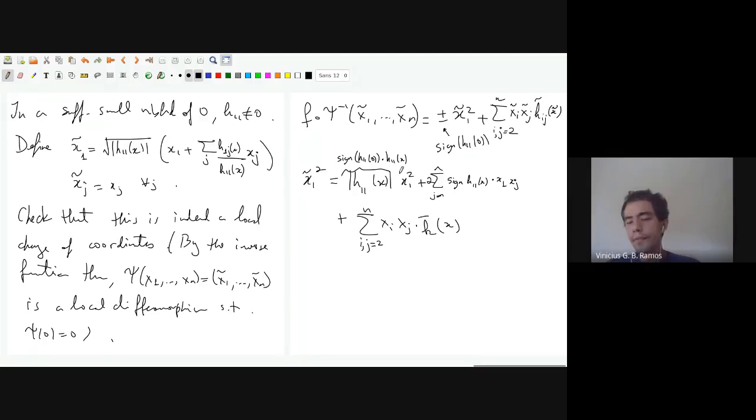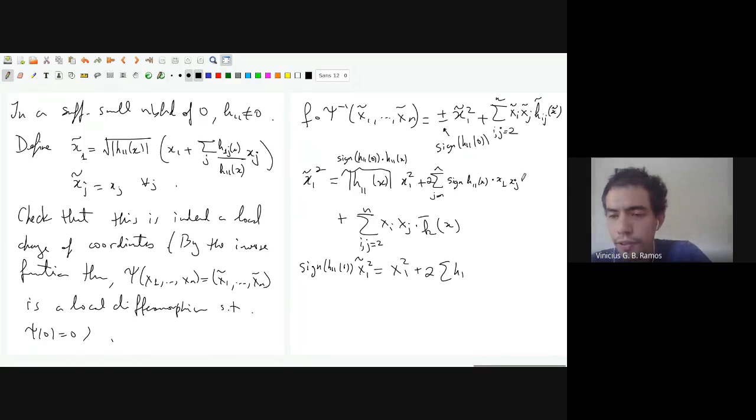Now when you multiply this equation by the sign of h11 of 0, x1 tilde squared, you have exactly x1 squared, plus twice the sum of h1j of x times x1 xj for j equals 1 to n.